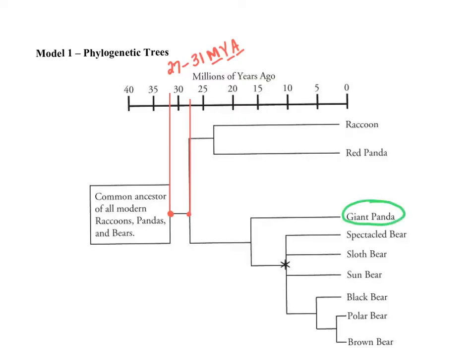So here is the giant panda, and where it diverges from the rest of the group, which are now known as the modern bears, looks to be about right here. And so when you look up on the number line and see where that number lies, it's roughly about 16 million years ago. So any value from 15.5, 16 million years ago is going to be accepted.